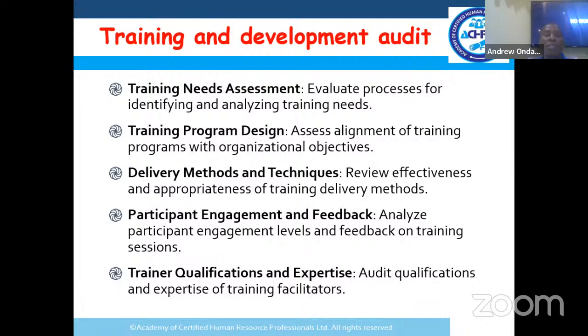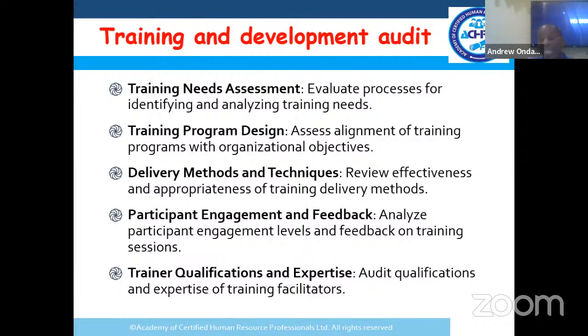Training is basically performance-oriented and development is growth-oriented. So for us to audit this training and development part, we need to look at the various aspects that will become a subject of our audit.